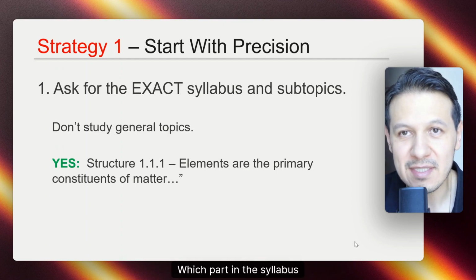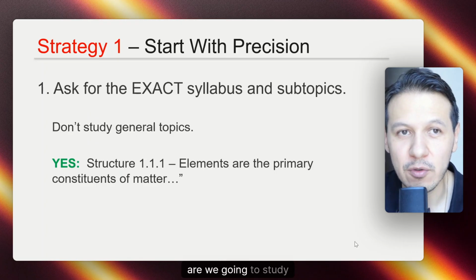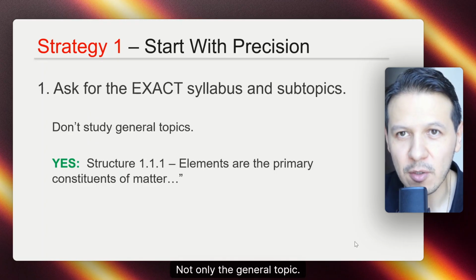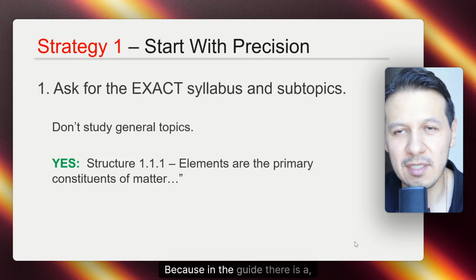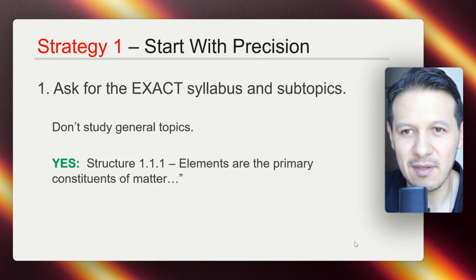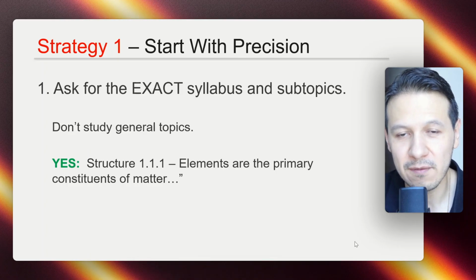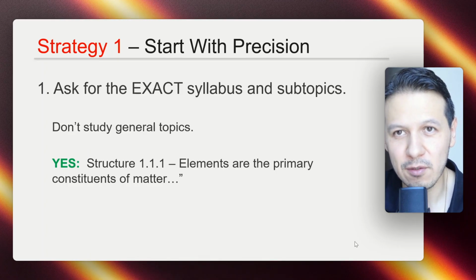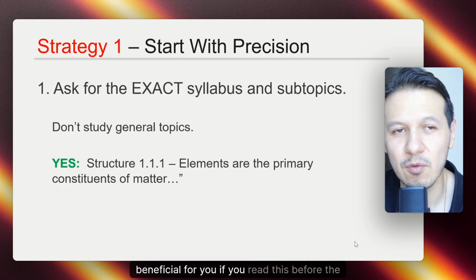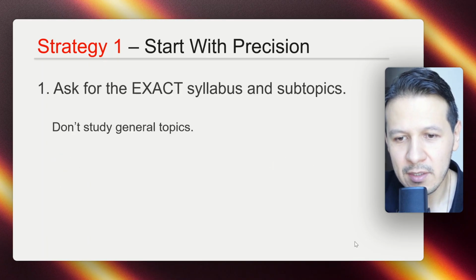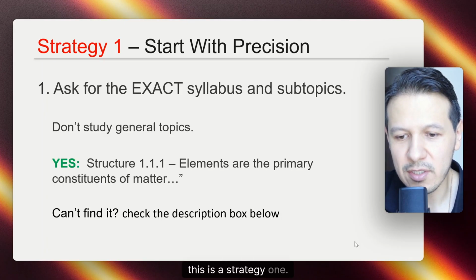Which part of the syllabus are we going to study during the next lesson? Not only the general topic. Why? Because in the guide there is a detailed structure of how to approach this learning objective, and it can be very beneficial for you if you read this before the lesson. This is strategy one.